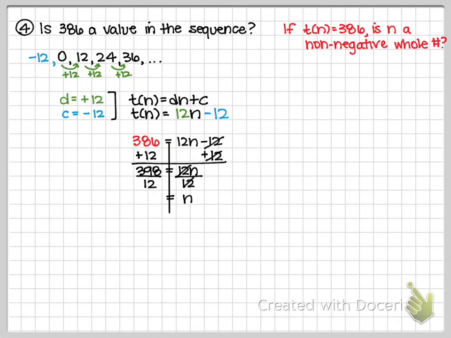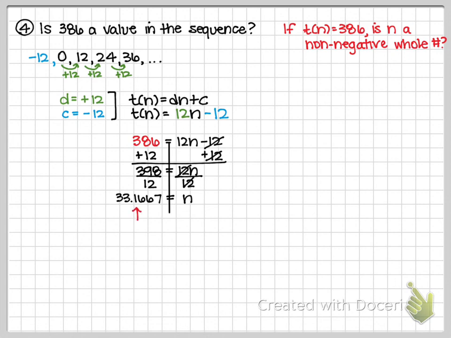Satisfies the non-negative part. But now, if I type this into my calculator, I get 33.1666 or 33.1667 if I round. So I have to ask myself, is that an acceptable location in a sequence? No, not at all.